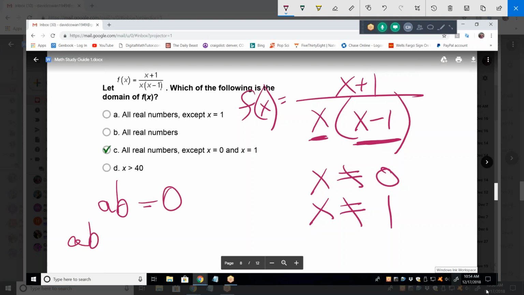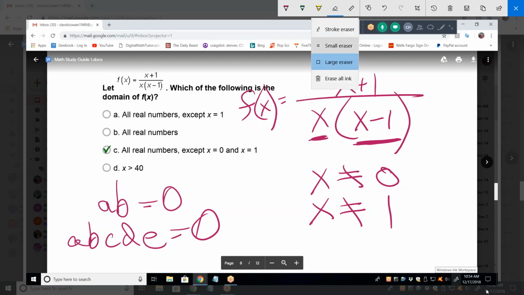Or if I go a times b times c times d times e equals 0, one of those letters has to be 0. That is one of the most basic theorems of algebra. And it's the whole reason they teach you factoring. Because when they give you a quadratic and they set it equal to 0, you have to factor it so that it is a product of two things.